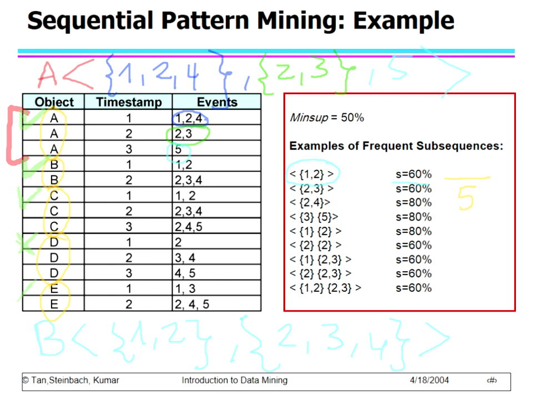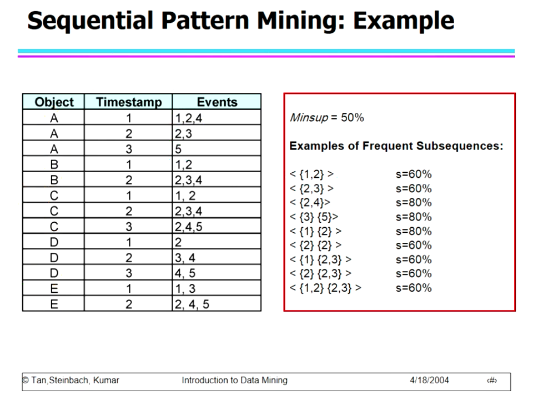The C, yes. The D, no. The E, no. So in this case, the support will be 3 divided by 5. Okay? Is it clear? Okay.